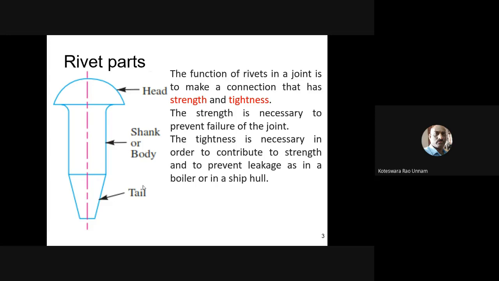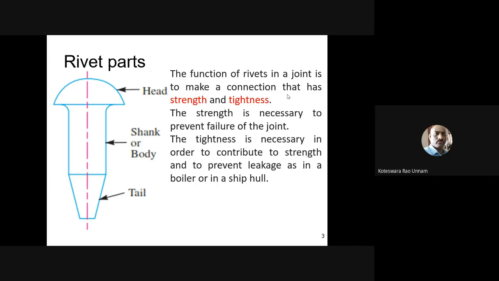Before that, first of all, we see what the function of a rivet is in the riveted joint. The function of rivets in the joint is to make a connection that has both strength as well as stiffness or tightness. You require strength in order to prevent the joint from failure.